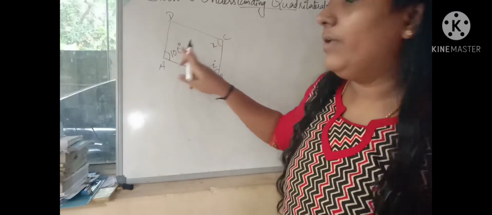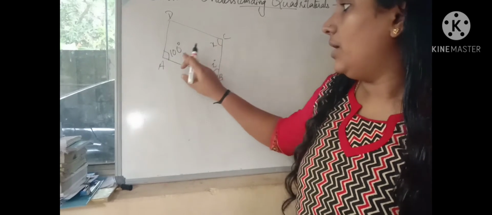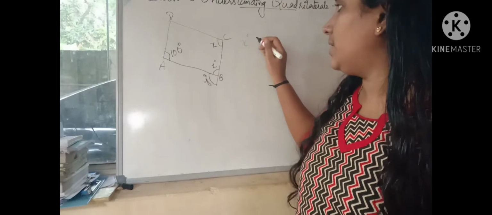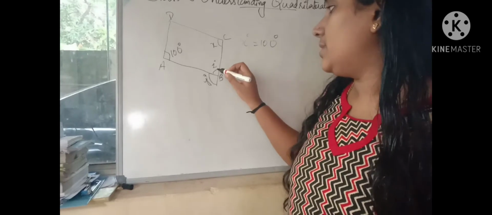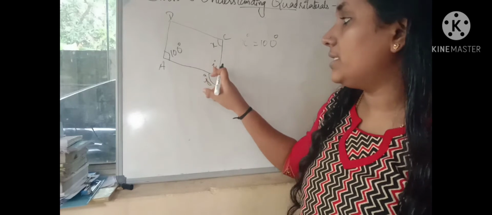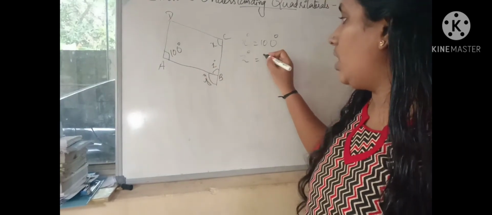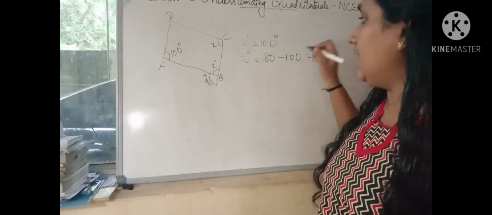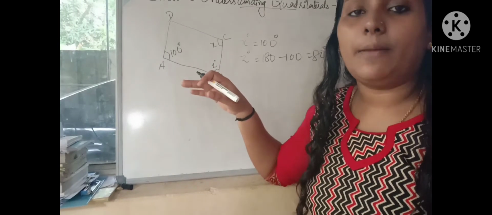We know that the opposite angles will be equal, right? So here is 100 degrees. So x degrees will be equal to 100 degrees because of opposite angles. Here, see, one linear pair, that means the sum of this angle and this angle will be supplementary. So z will be equal to 180 minus 100, which is 80 degrees.